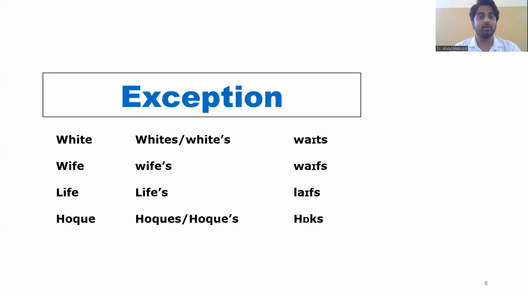The sound is of the consonant sounds, and those consonants here are voiceless, like t in the case of white is voiceless, f in the case of wife and life, voiceless, k sound in the case of hawk is voiceless. So you know, if s comes after voiceless sounds, then the s will remain s.